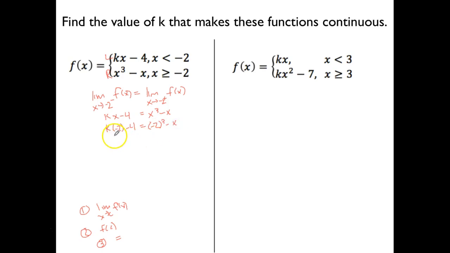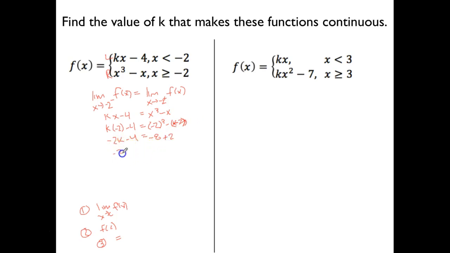Okay, now let's just solve for k. Oh, I'm sorry, not x right here, -2. Oh man, the pen messed up on me. That's a -2. Okay, now we're just going to be solving for k. So we got -2k minus 4 equals -8, and then negative and -2 make +2.